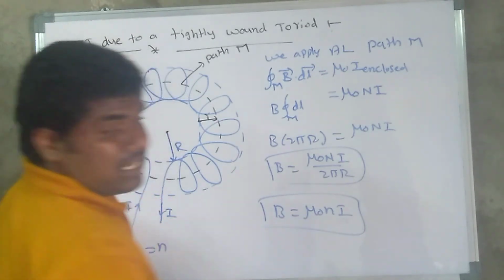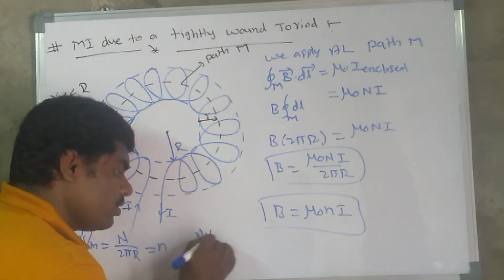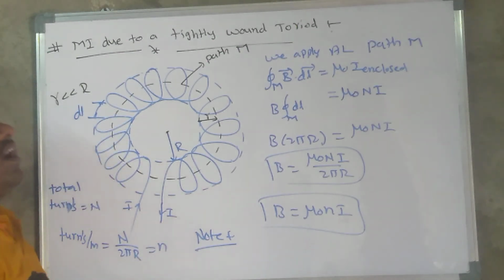This one is the toroid magnetic induction due to a tightly wound toroid. So here is a very important note point: outside, the magnetic field becomes 0.